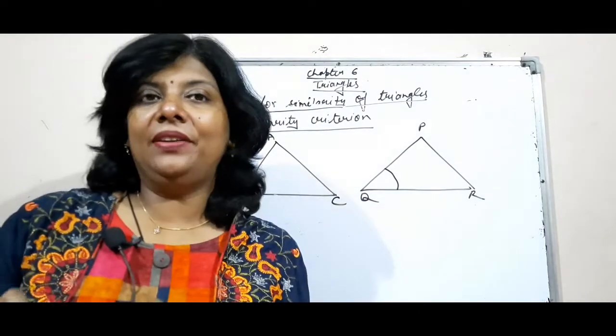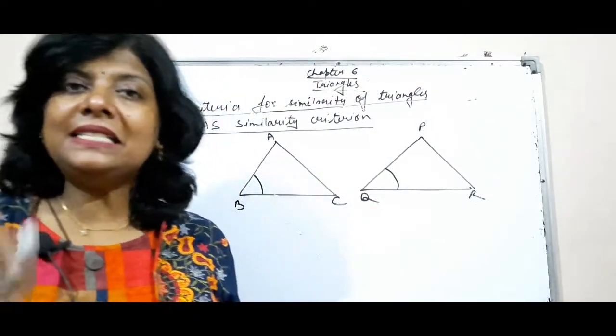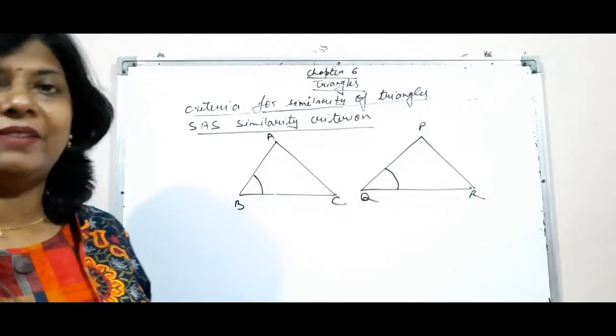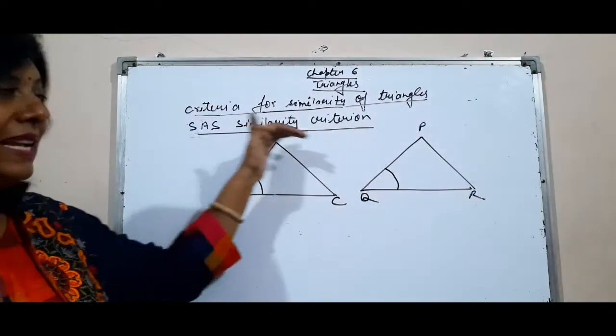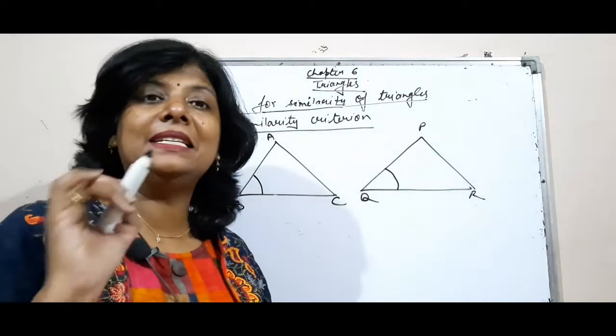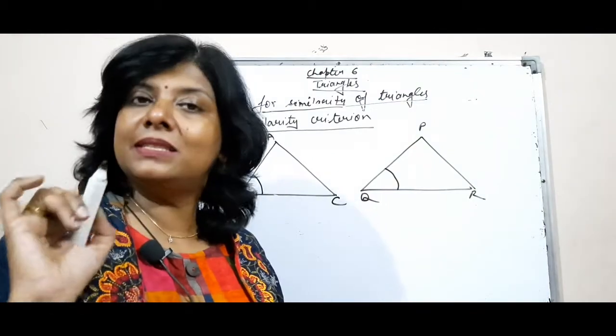Now the next criteria for the similarity is SAS similarity criteria. What do you mean by the word SAS similarity criteria? That is side, angle, side.